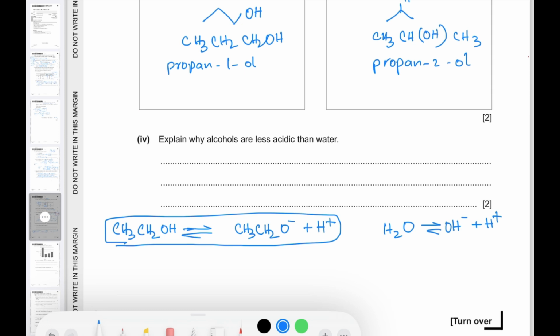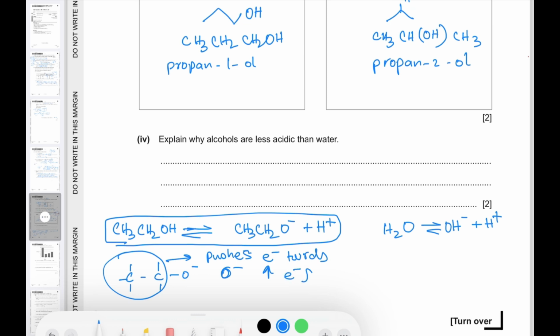And that's because the alkoxide ion has an alkyl group, which has a positive inductive effect because it pushes electrons towards the oxygen atom in the alkoxide ion, which increases the electron density on this oxygen.